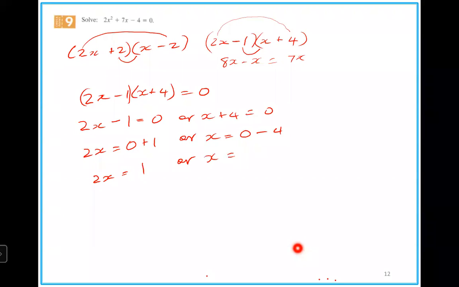So 2x equals 1, or x equals negative 4. All right, so if 2x equals 1, that means x would be equal to 1 divided by 2. So x is a half. So the answer is that x equals 0.5, or x equals negative 4. Those are two possible answers for x.